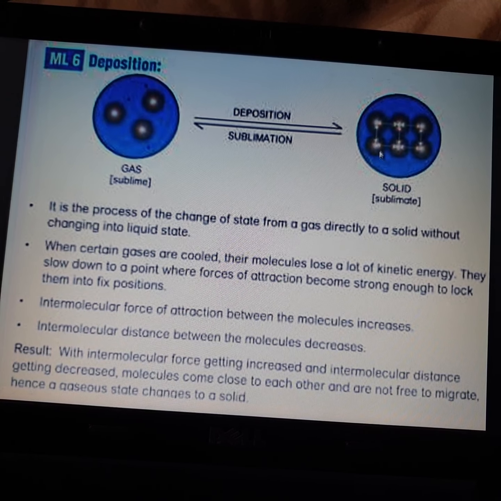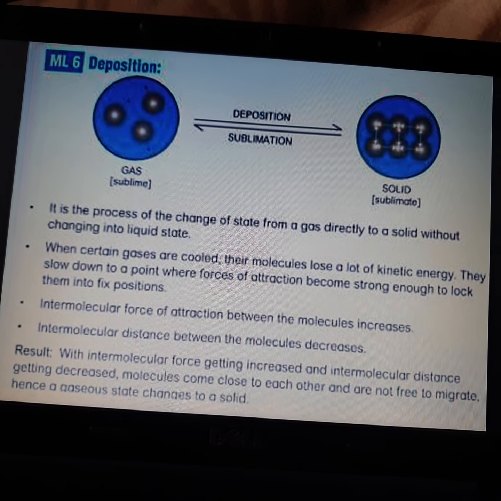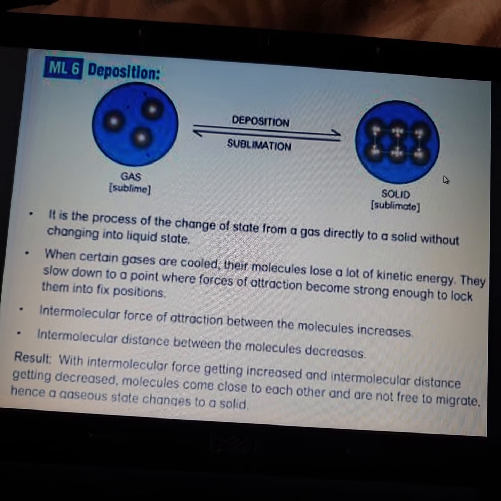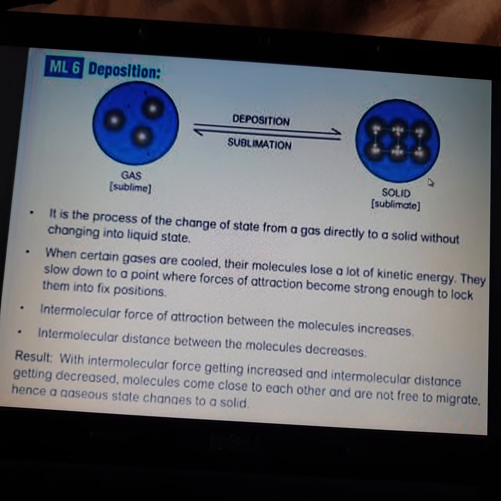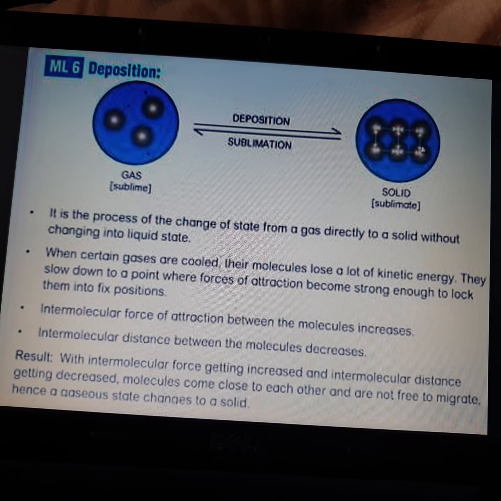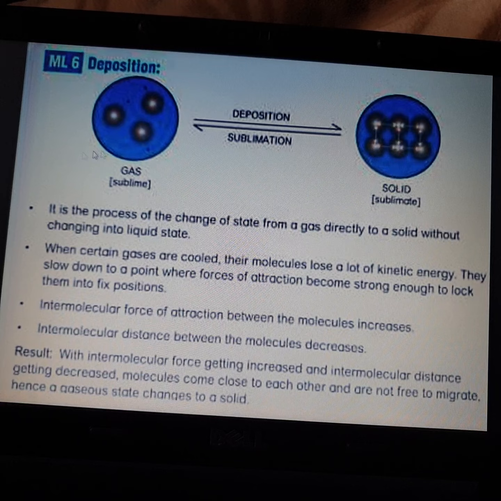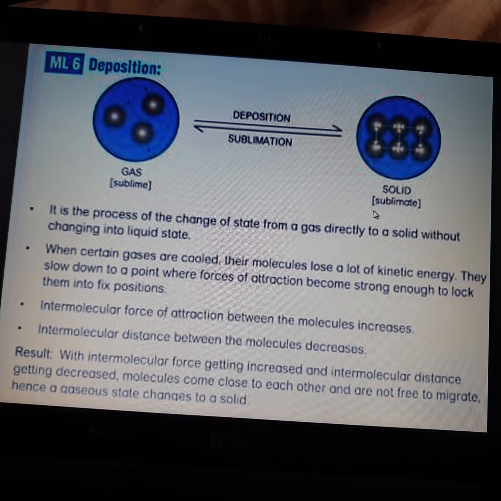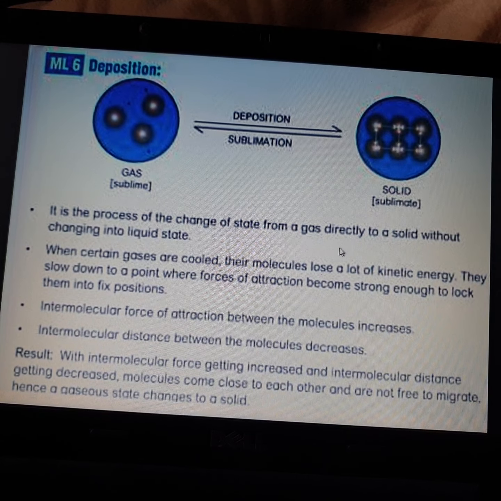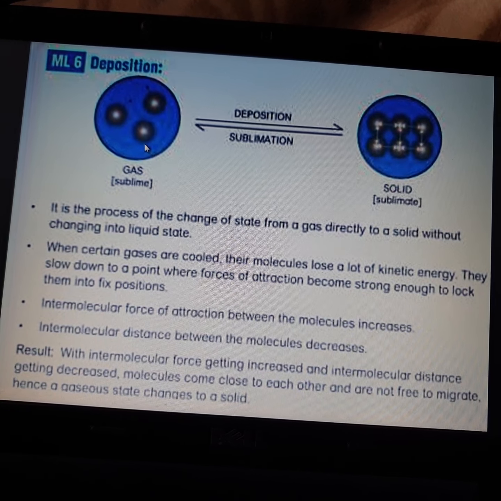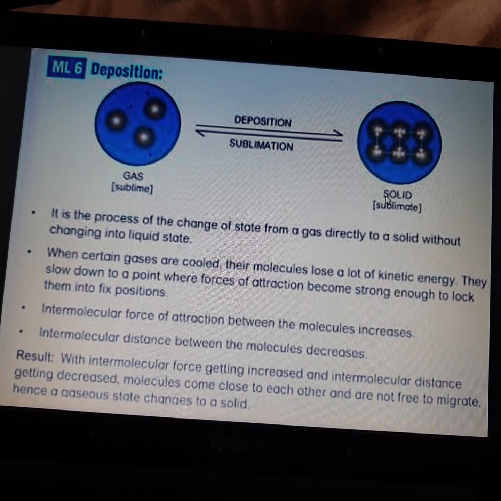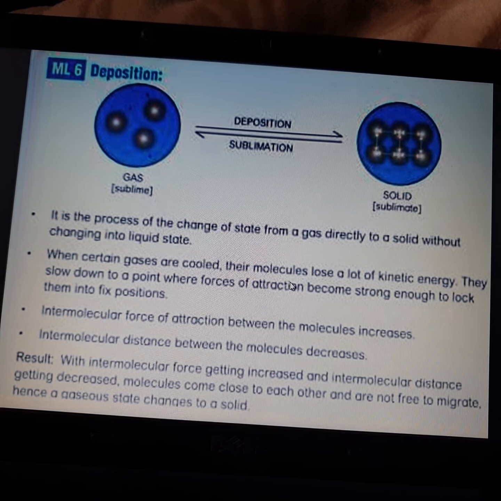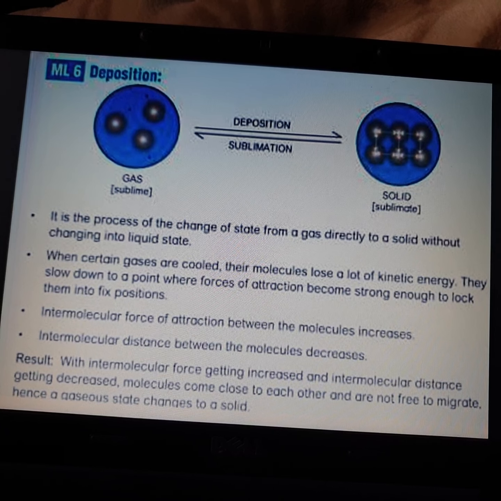Intermolecular distance of the molecules will also decrease, and directly the molecules will become hard. When a substance is hard, we call it a solid. So this is how a gas can be converted into a solid, directly from the gaseous state to the solid state without converting into a liquid state. This process is called the deposition process.